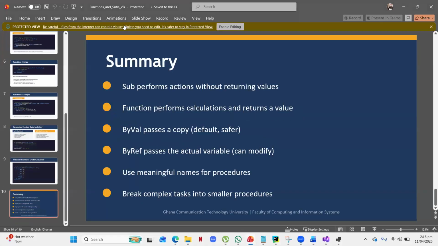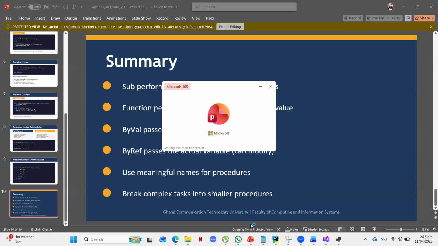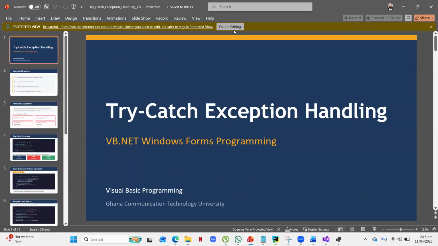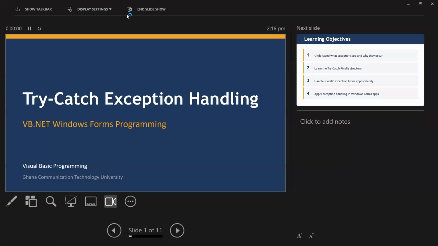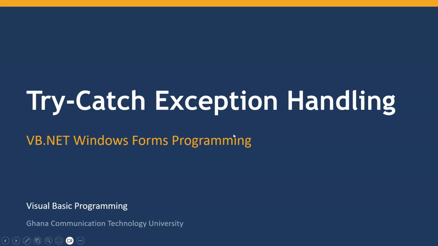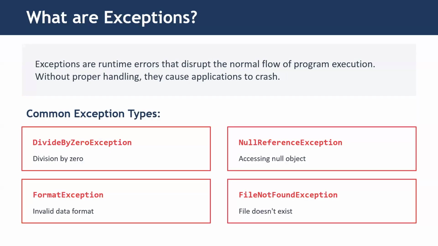I'm just going through the slide. Also, I'm going to go through the slide for try and catch, which is used for exception handling. If you have an error, it will handle the errors for you.